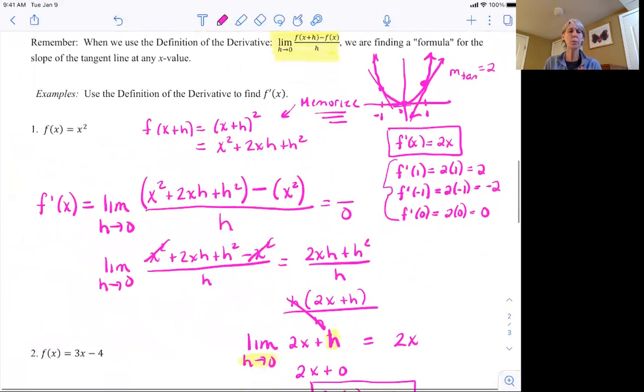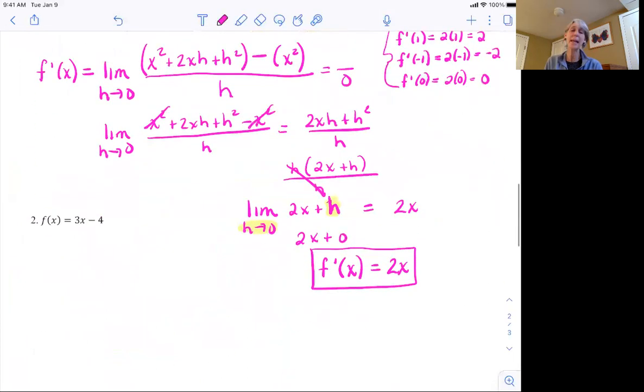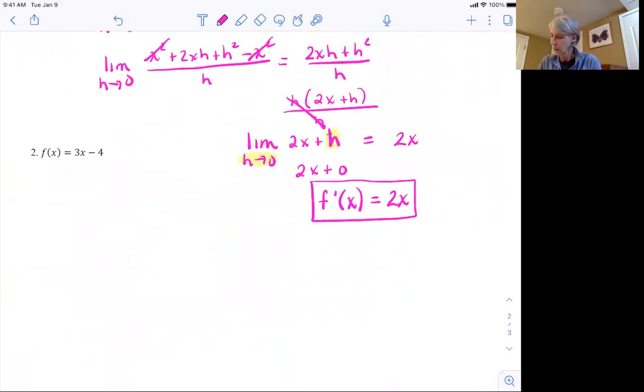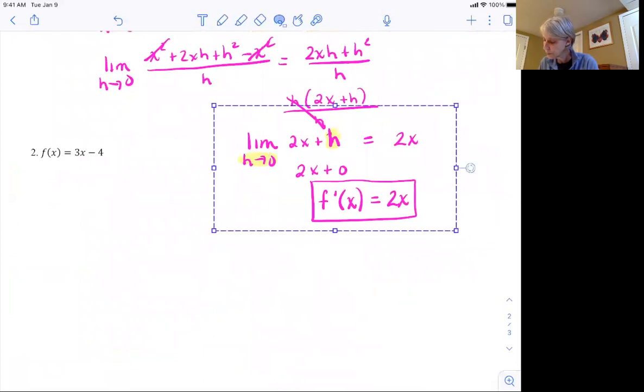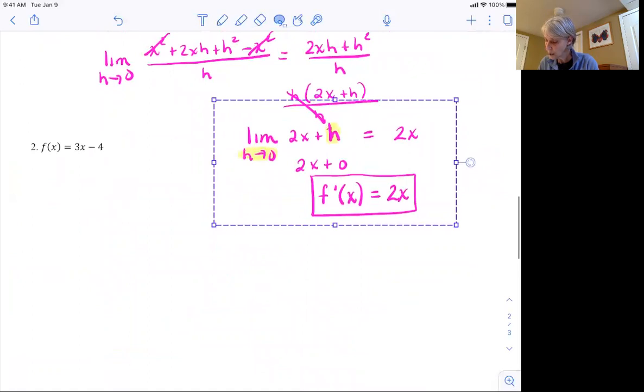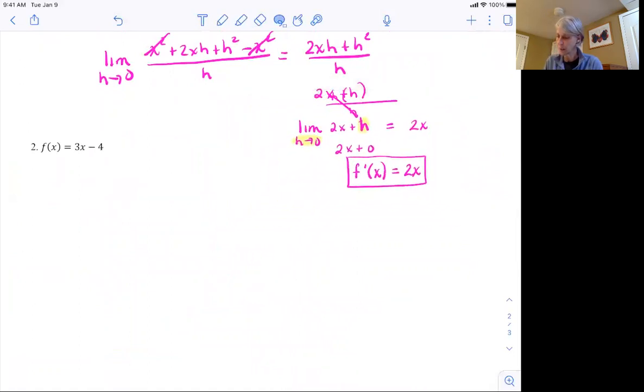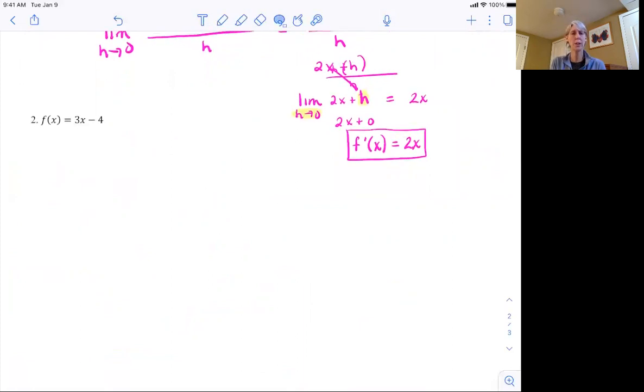Today, really all we're going to practice is setting up the definition of the derivative. Of course, I kind of went into my other problems, so I'm just going to make my work a little smaller so that I have room to work on this next example.